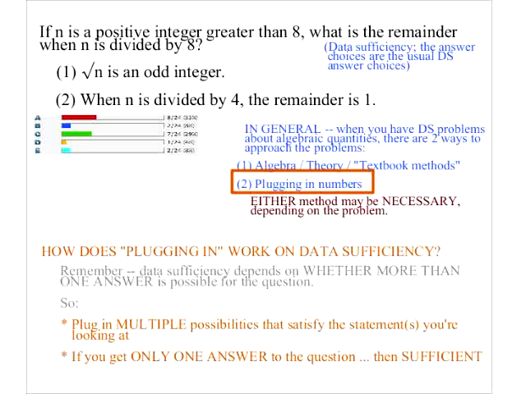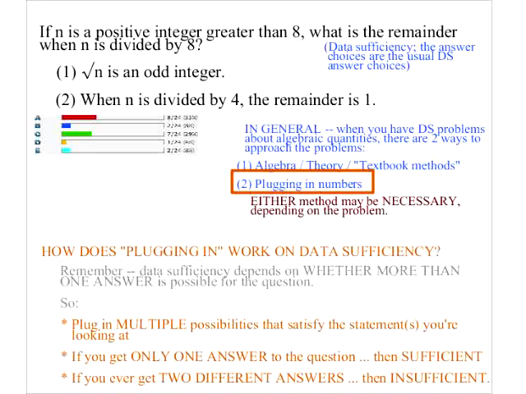If you ever get two or more different answers, then that's insufficient. So this is the data sufficiency plugging method.